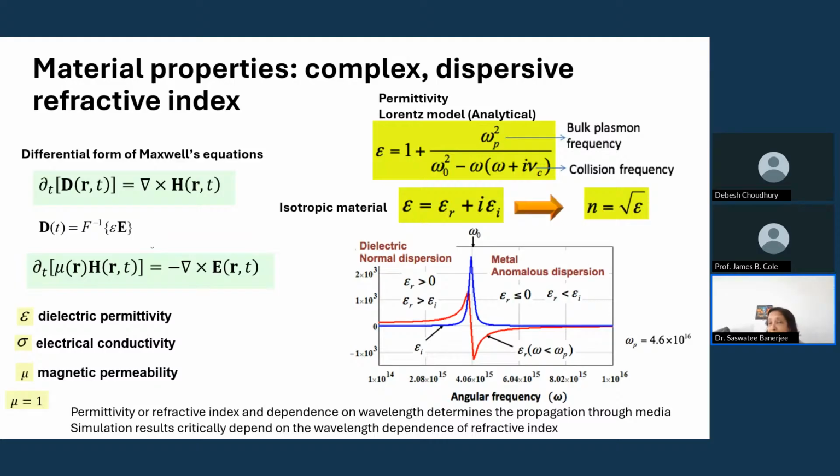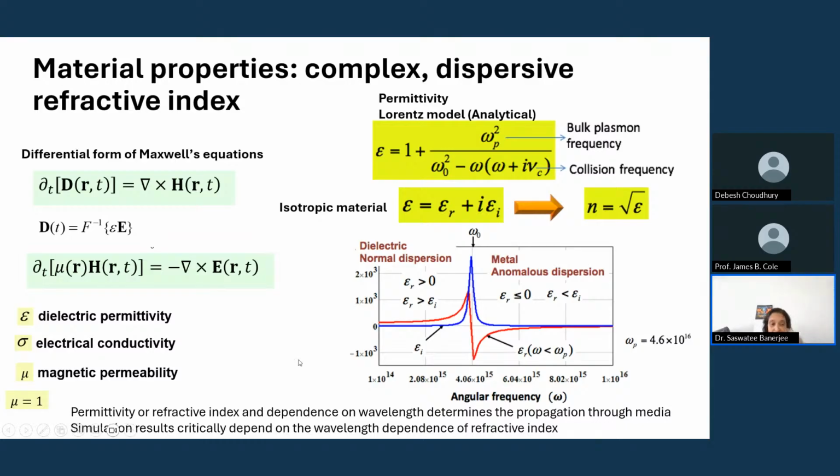Why that matters is some amount of discussion. But before going into that, let me tell you that this epsilon is one single parameter that is important in determining the interaction between light and material in most of the cases that we deal with in optics and photonics. Most of the time, the magnetic permeability is taken to be 1, so no issue.